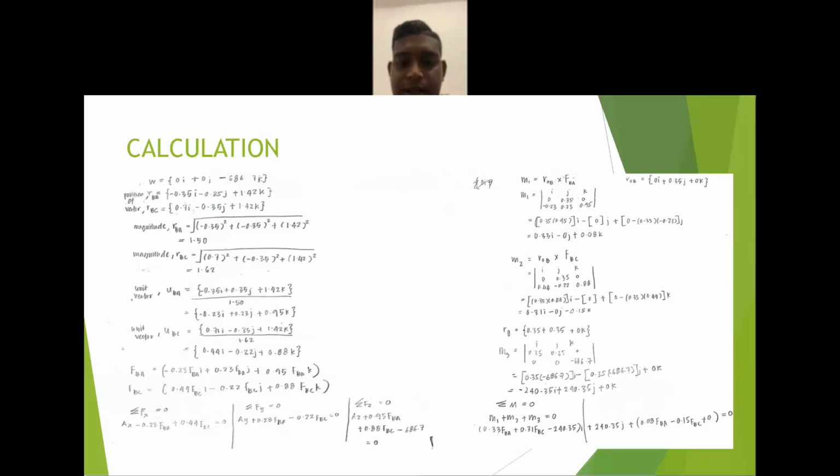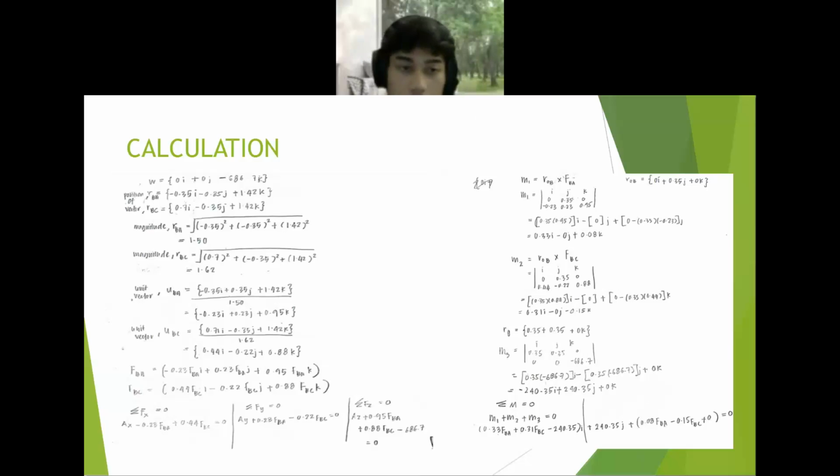This part I'll pass to Iman Mustaqim. Okay, I will explain the calculation. Referring to the free body diagram, we know that the cooling tower stays at one point, so it only has a value in k, which is on the z axis.